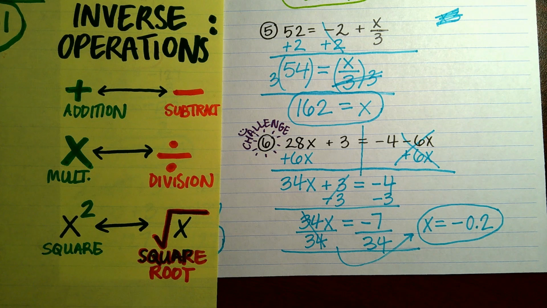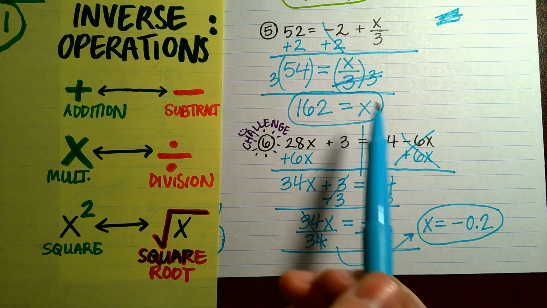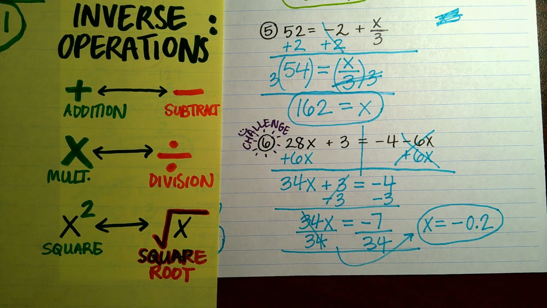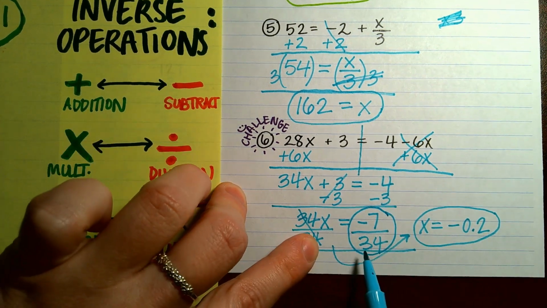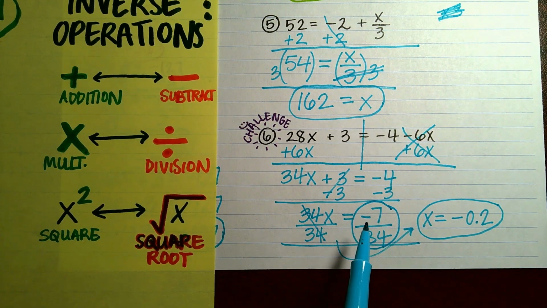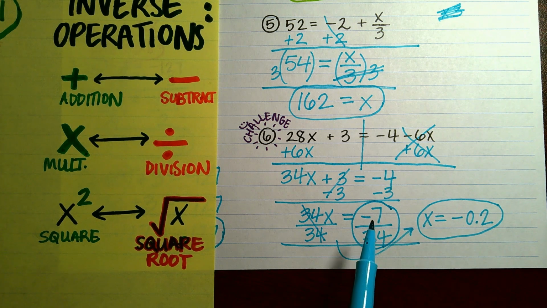Okay. And do you want it as a decimal, not as a fraction? I guess it just depends on the context. In this case, I haven't given you any context. I don't know what I'm finding x for or why. So I would take either answer, because a fraction is actually a much more exact answer than -7 divided by 34.